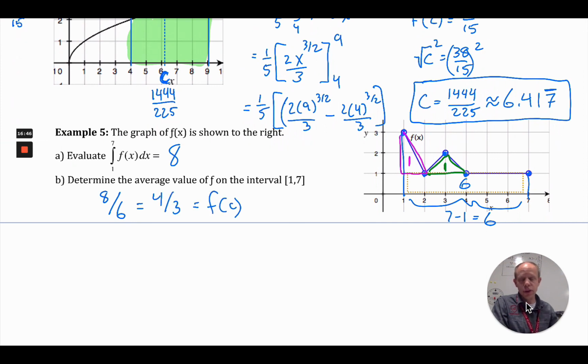And so 4/3 is right there, and we can see that that's about 1.3. So right about there would give us that average value. All right, so that's the mean value theorem for integration and the average value of a function.